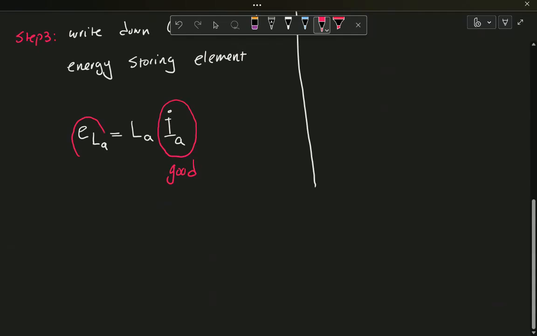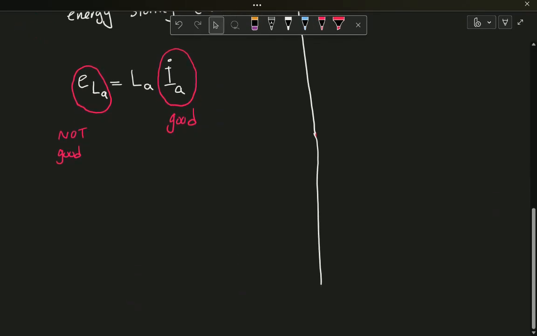And ELA, you guys tell me, is it good, not good? Well, you know that. It's not a good term since it's not my dynamic variable. And notice that LA is a parameter, it's constant, we don't care about that.